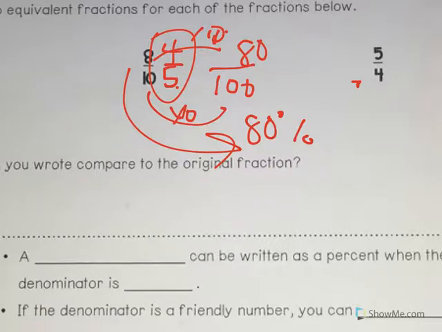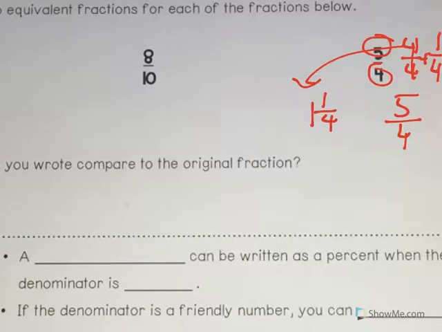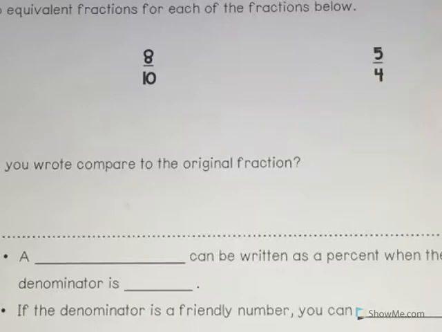Now the next one's pretty interesting, so let's clear the drawings. 5/4. Notice, if you will, the numerator is bigger than the denominator. Let me re-record that. So remember that this is 5/4. Of course, what does that mean?